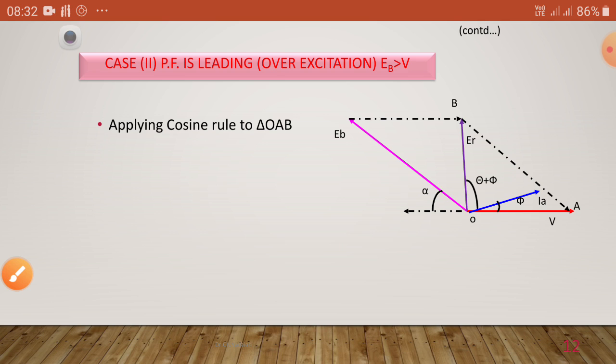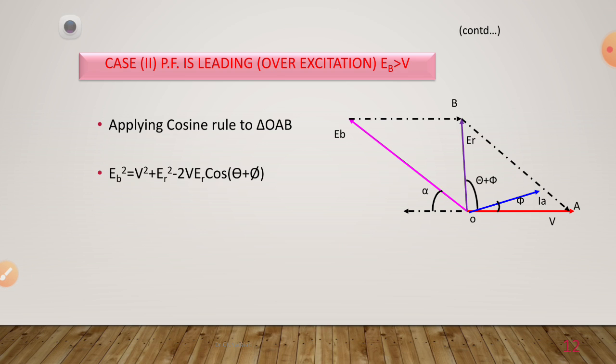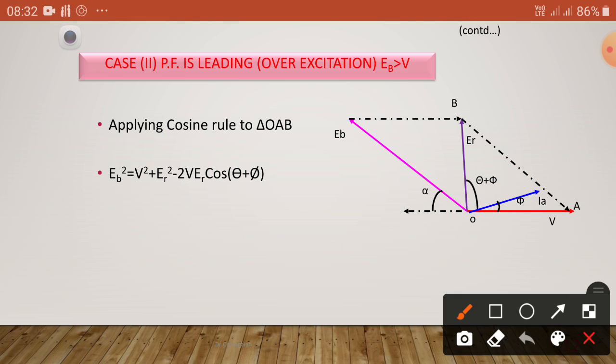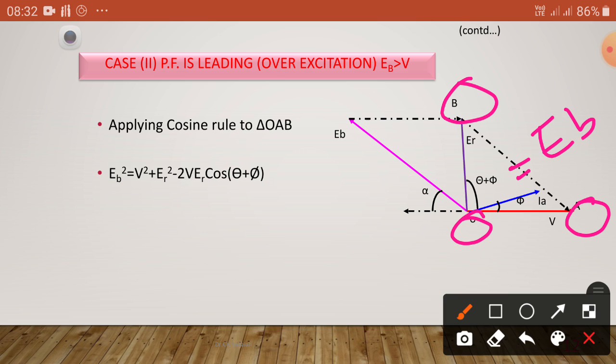Then if leading current comes, what are the significant changes? Let us see. Similarly, apply the cosine rule. In triangle OAB, I am going to find the back EMF, called EB, with the help of the voltage and ER, the vector sum of the two vectors.